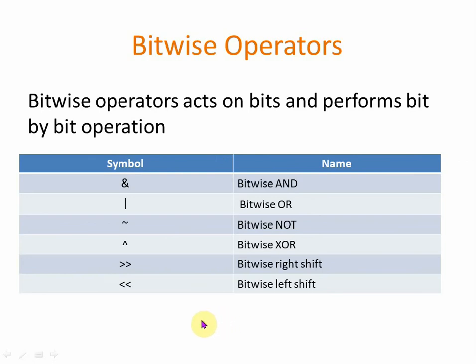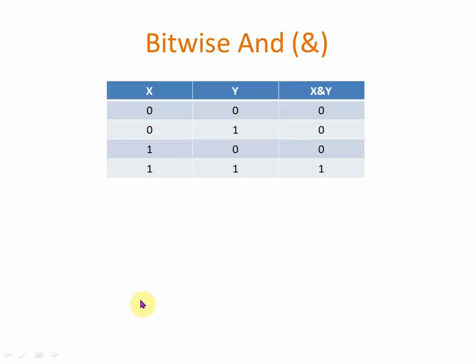For bitwise AND, this table shows that if x has a value 0 and y has a value 0, then bitwise AND of x and y is 0. Similarly, if x is 0 and y is 1, the final answer will be 0, and if x is 1 and y is 0, the output is 0. For 1 and 1 it's 1.